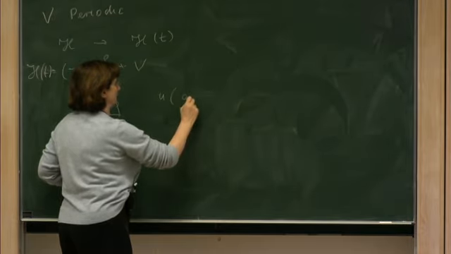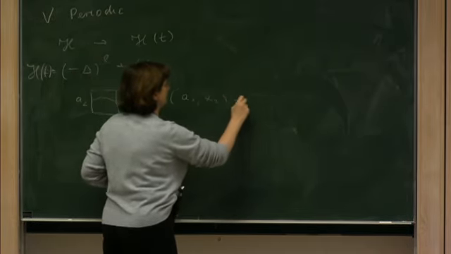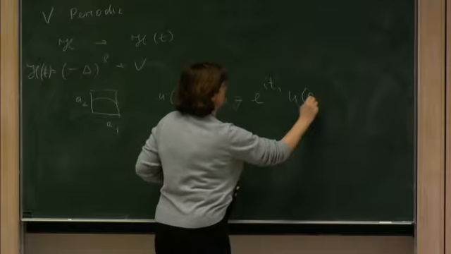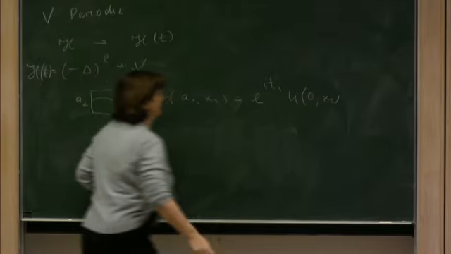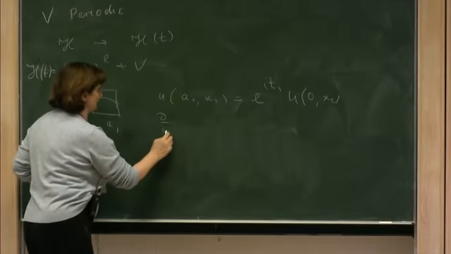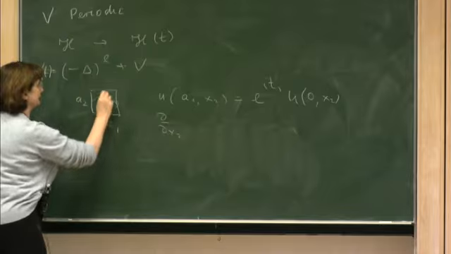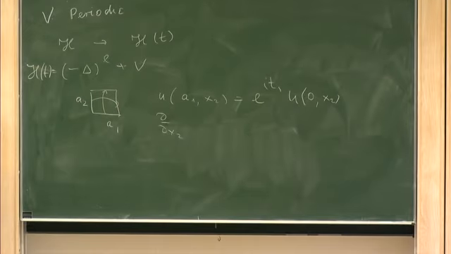U of (a1, x2) is e^{it1} U of (0, x2), and then a similar thing for the derivative and the analogous condition in the other direction.